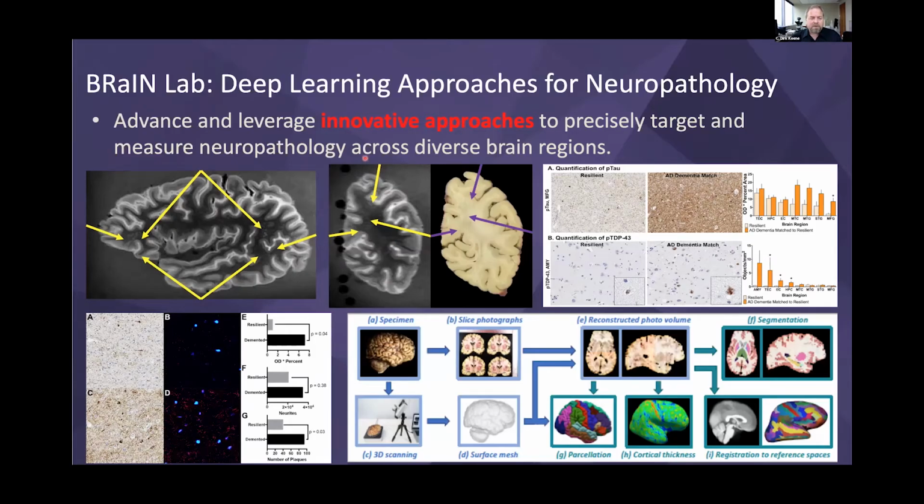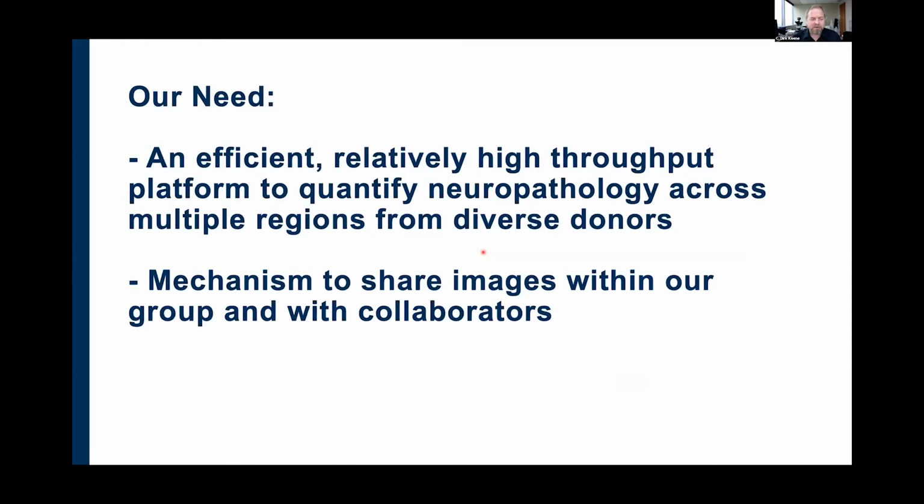And then with the renewal of the ACT study, with ACT-I, with some other grants, we are diving more and more deeply into AI, machine learning, sort of deep learning approaches for neuropath, focused both on the imaging that we're doing on all these brains, but also on the histology. And so that is where we are basically at. And as of a few years ago, we started thinking, how do we take advantage of this, and how do we push this sort of limits?